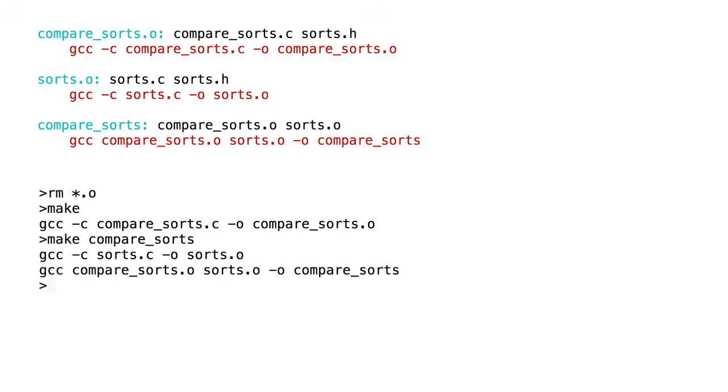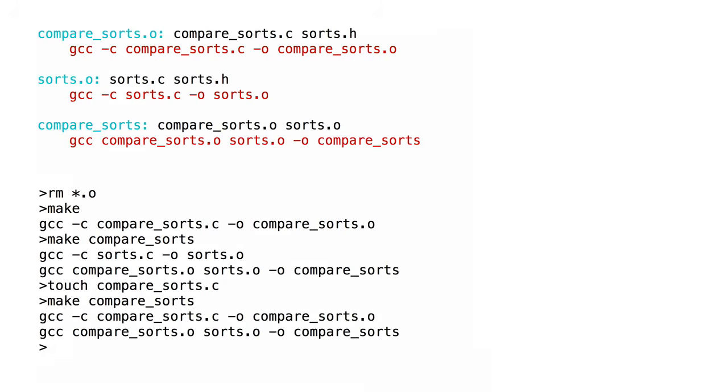The real power of make is that each time it evaluates a rule, it will first check all the dependencies, and if a dependency is also a target in the Makefile, it will evaluate that rule first before checking the dependencies. Let's modify compare sorts.c by updating its last modified time using the command touch, and we will run make compare sorts again.